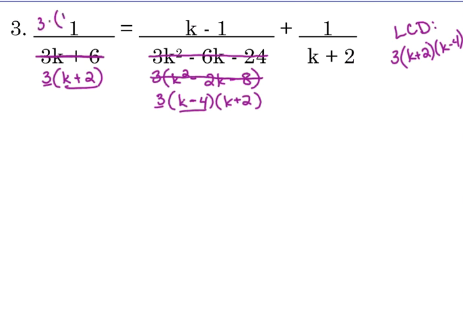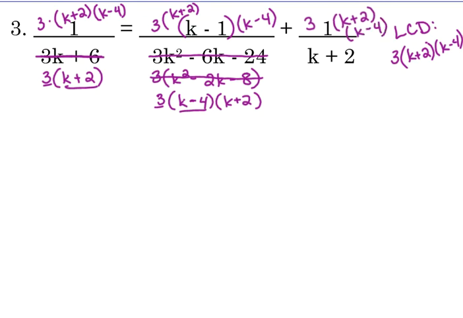And we're going to multiply each numerator by that LCD. Notice on the middle one, you need to put parentheses around that k minus 1. There were not parentheses originally. You need to put parentheses around anything that is not a single term, anything that's not a monomial.